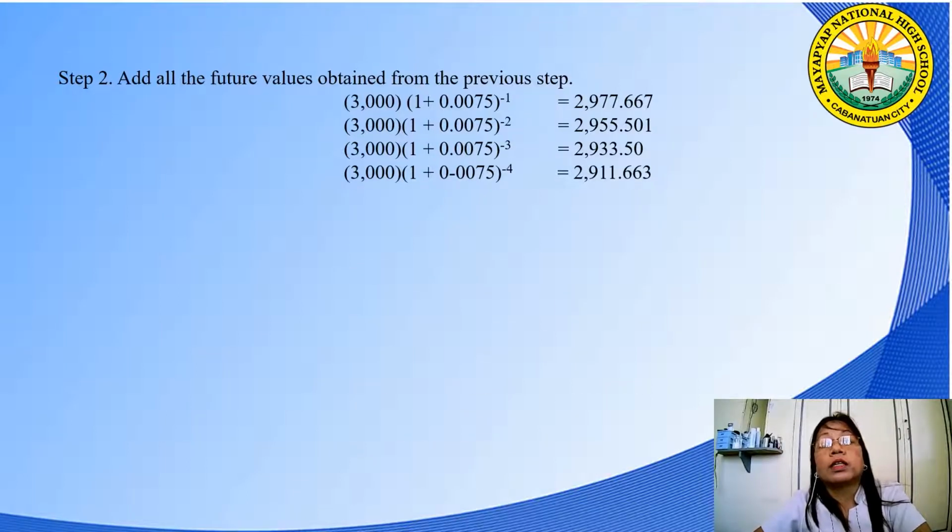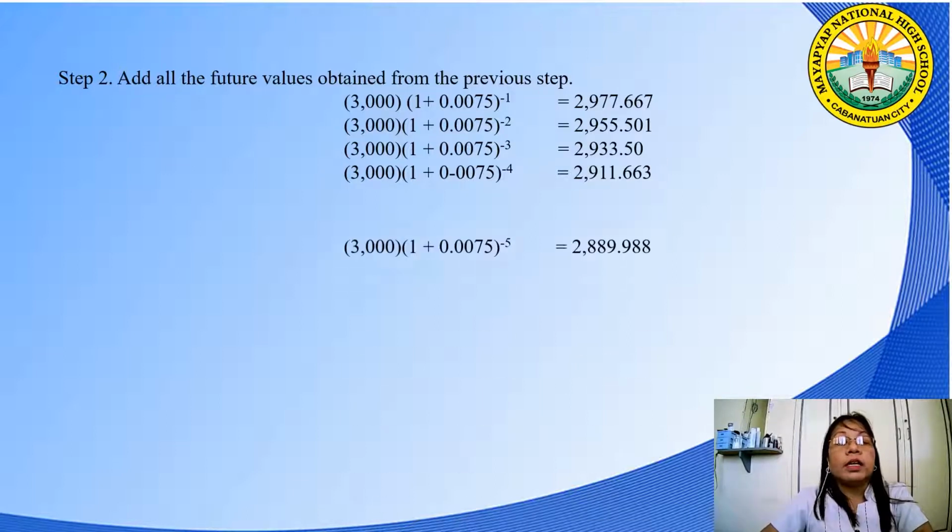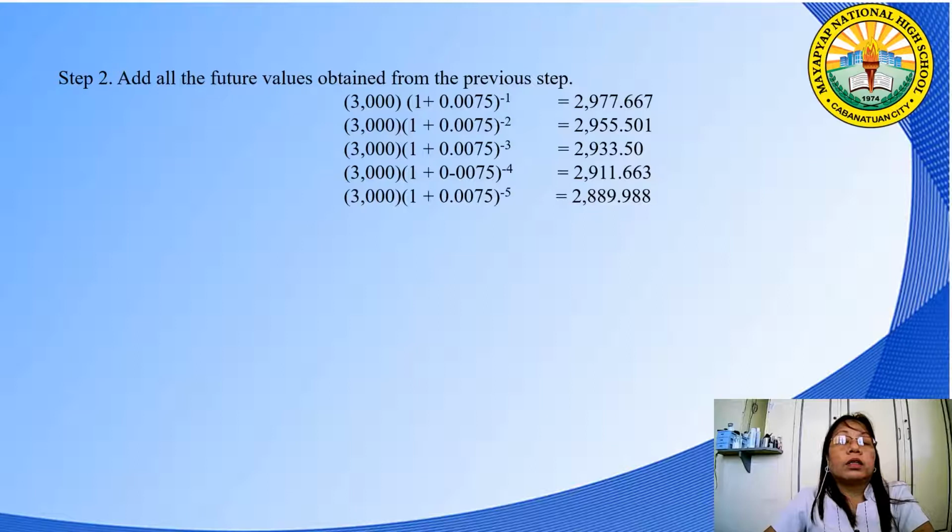2,933.50. Then 3,000 times quantity 1 plus 0.0075 raised to negative 4 equals 2,911.663. Then we have 3,000 times (1 plus 0.0075) raised to negative 5 equals 2,889.988.